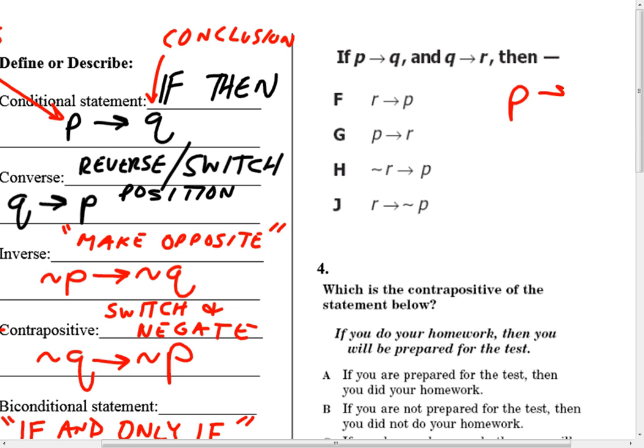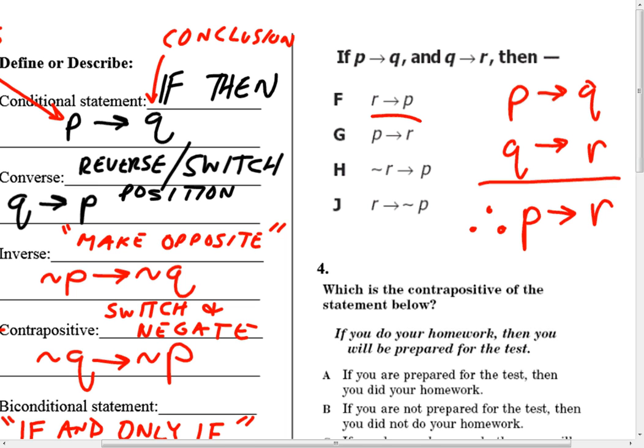If I set this up to look like this, what would be my result? If I got P leading to Q and Q leading to R, what is my end result? Justin? Oh, yeah, P is R. P implies R, and that would be there.